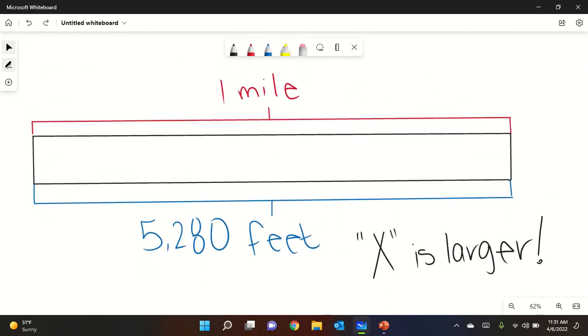If your answer was that x is going to be larger, that is correct. That makes sense. Even if you think about the difference between 1 mile and 2 feet, 2 feet is still a lot smaller than a mile. And in fact, we have to have 5,280 feet in order to fill in this same distance.